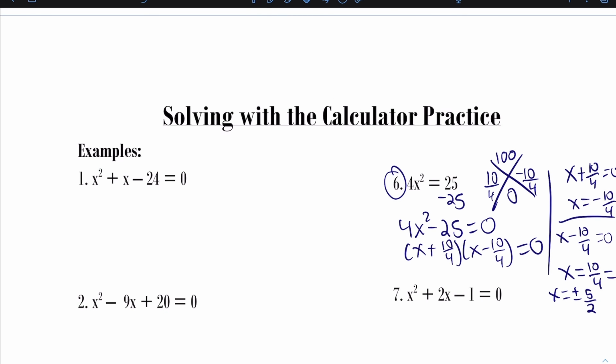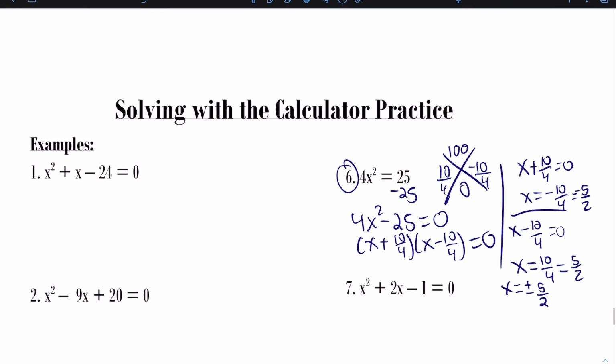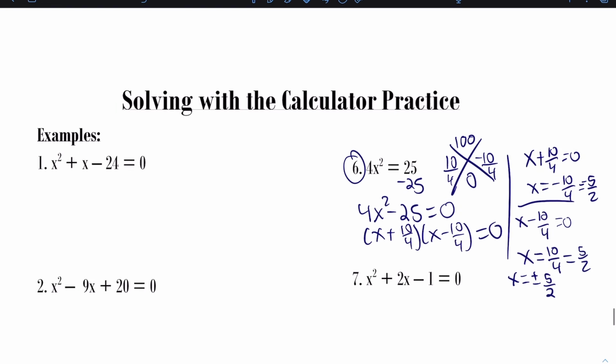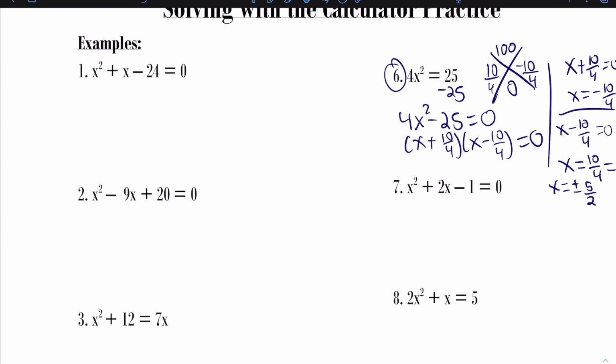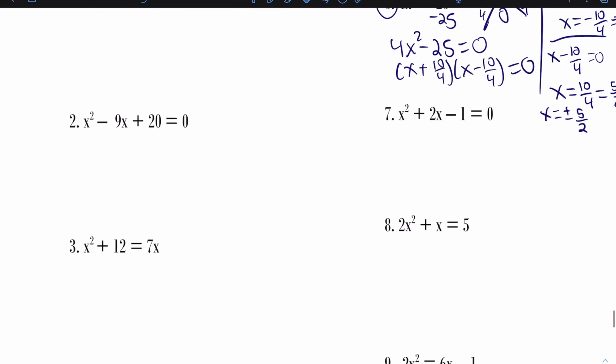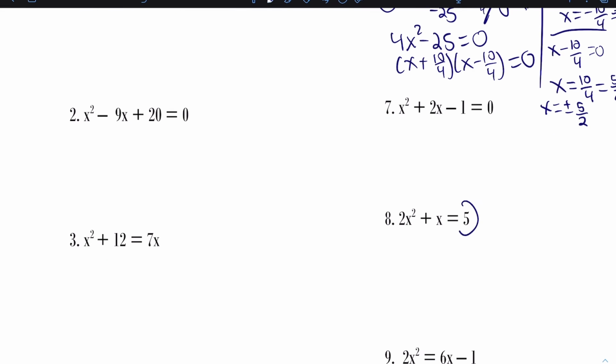And you would also get the same answer if you did the quadratic formula. But I think that these two ways, either graphing or using the factors, is going to be faster than using the quadratic formula. But before you do any of the types, just make sure that the right side cancels out and you end up with 0 before you start solving it.